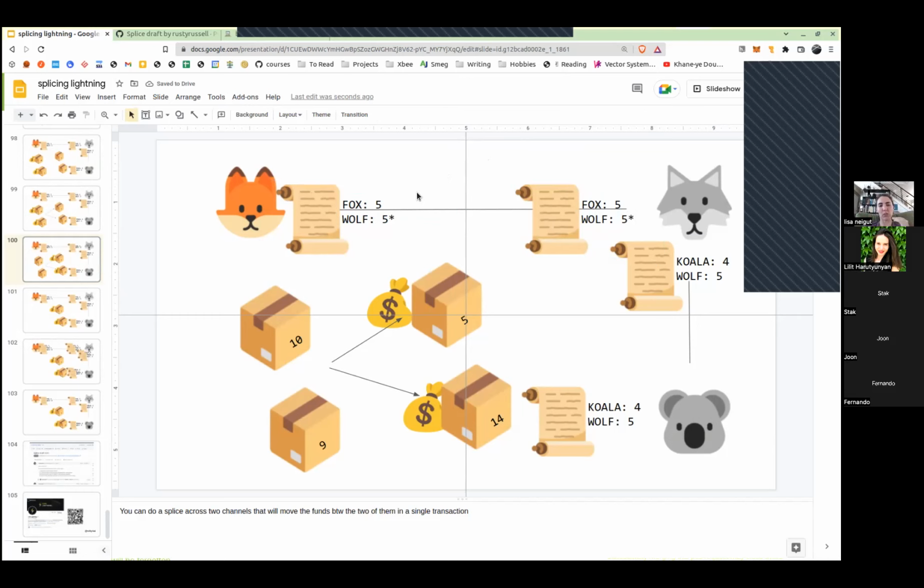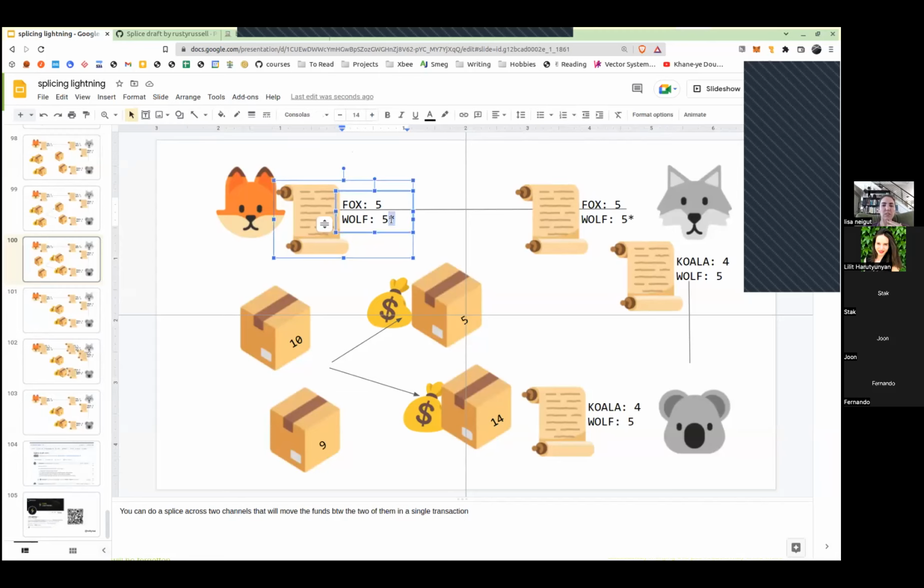Until the lease ends, if this contract goes to chain, the wolf won't be able to spend your output.